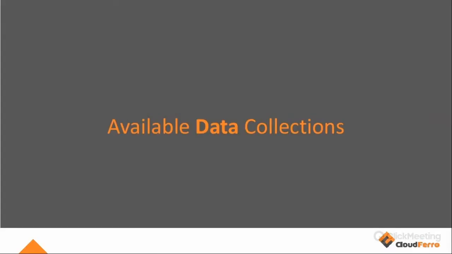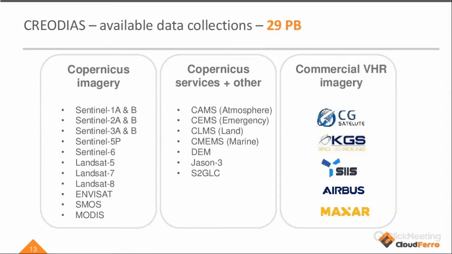Okay, coming to the next point of the presentation: what are the available data collections on our CREODIAS portal? As I mentioned at the beginning, our data repository is full of Copernicus imagery, all of the data sets acquired within the Copernicus scientific program. So all of the Sentinel datasets: Sentinel 1, 2, 3, 5, and 6.